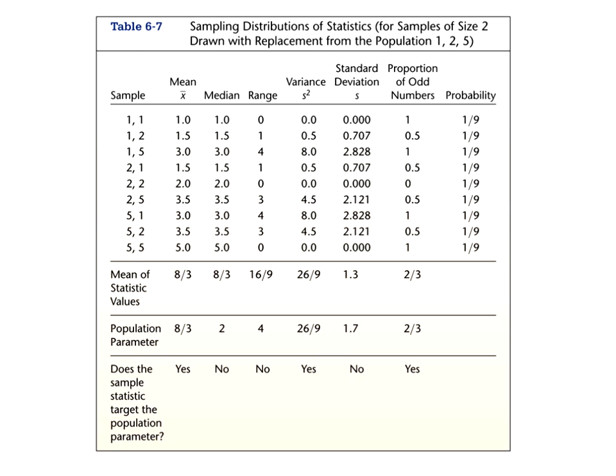All right, so the first thing I hope that you notice is that these are all the different samples that can be obtained when we have a population that has the numbers 1, 2, and 5.